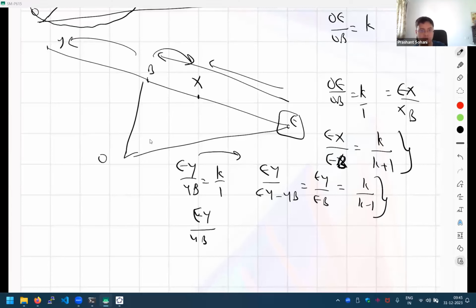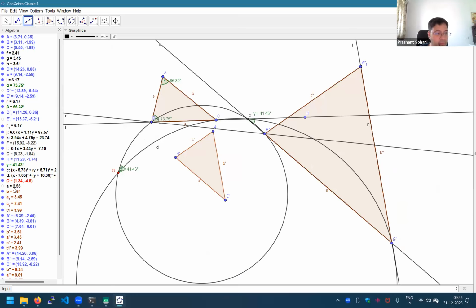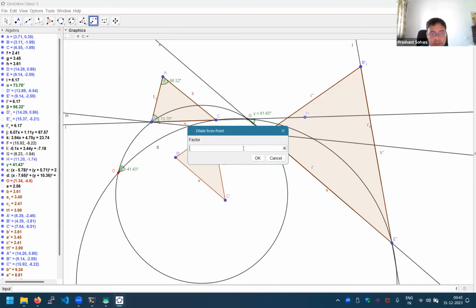Okay, so going back to the triangle, instead of K I have to take A over here. So let me use dilation. I need to dilate the point B around the point E, and the factor is A upon A plus 1.